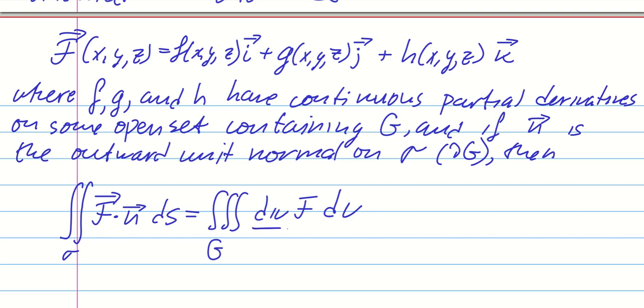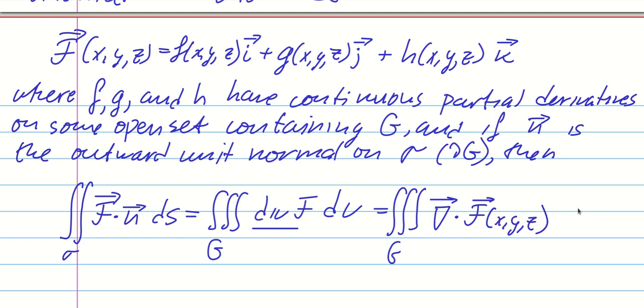And again, if we think of the divergence, we can also think of it as the gradient dot F dV.